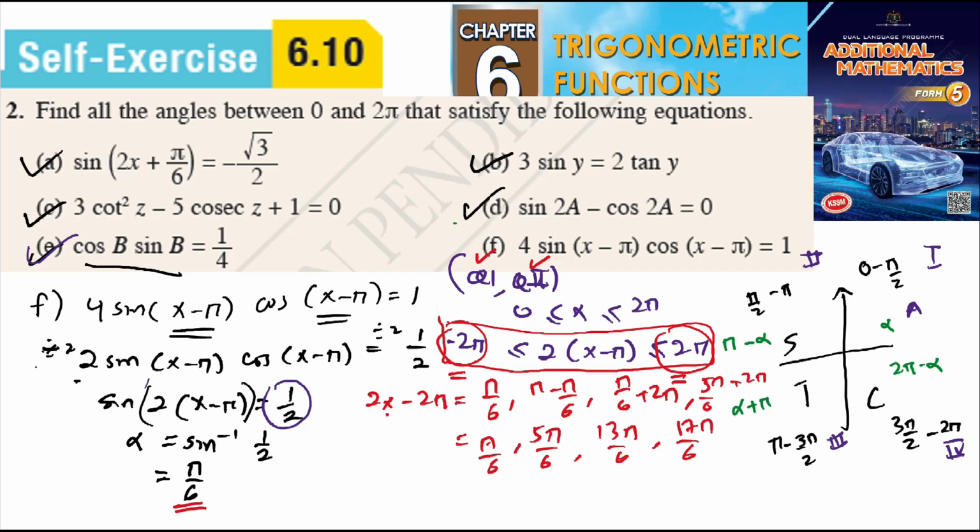So now we wanted to find 2x, right? So 2x is equal to, now we move 2 pi, so everything needs to be added by 2 pi. So 5 pi over 6 plus 2 pi, we get 13 pi over 6. 5 pi over 6 plus 2 pi, we get 17 pi over 6. 13 pi over 6 plus 2 pi, we get 25 pi over 6. And 17 pi over 6 plus 2 pi, we get 29 pi over 6.